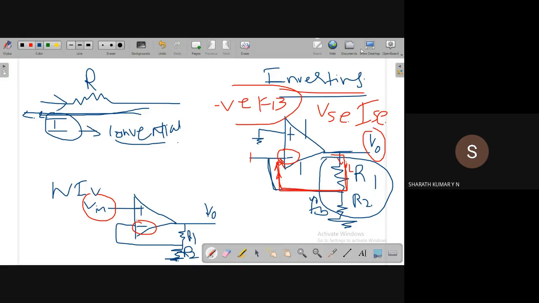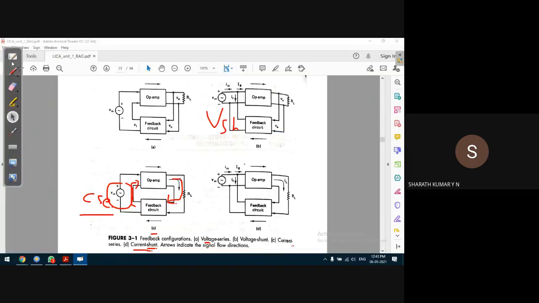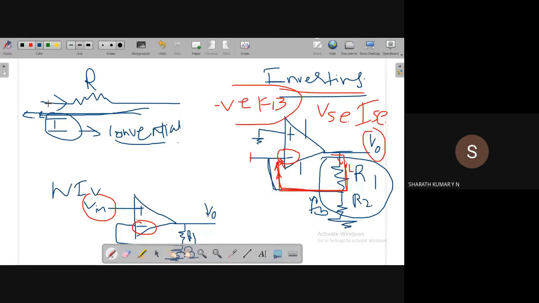Similarly, in this network, I have to go back here also. In this network, the actual current will be flowing from ground. Why? Because ground is 0 volts, and the current is generated at the output terminal. This current is nothing but the flow of electrons, negative charges.